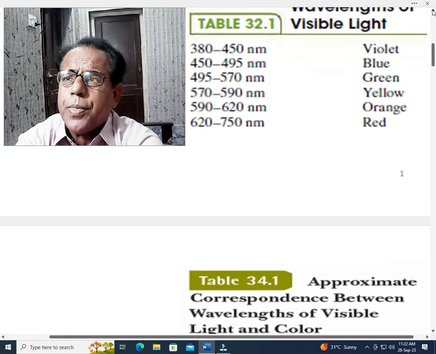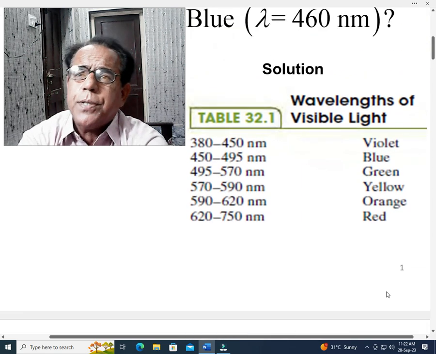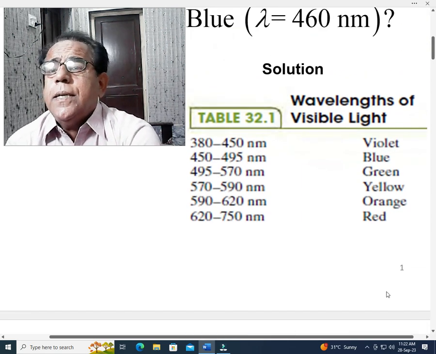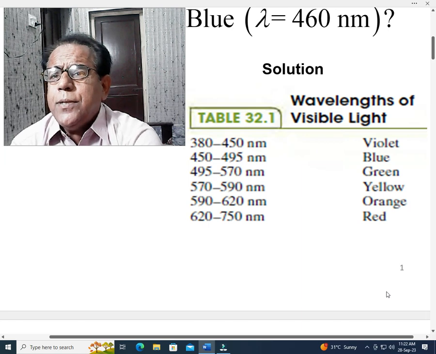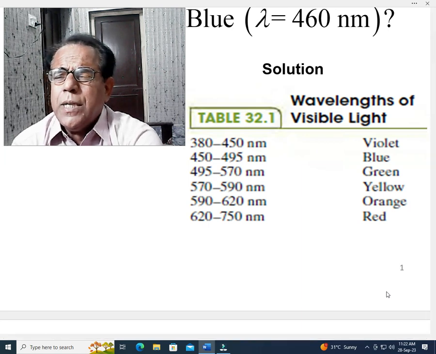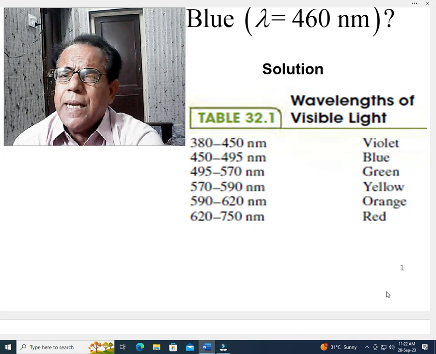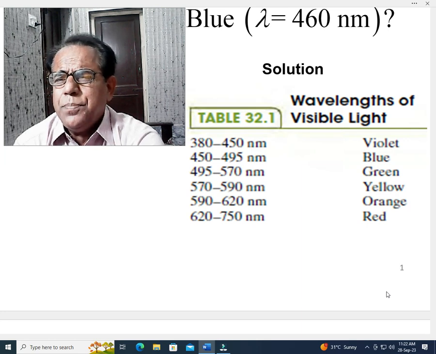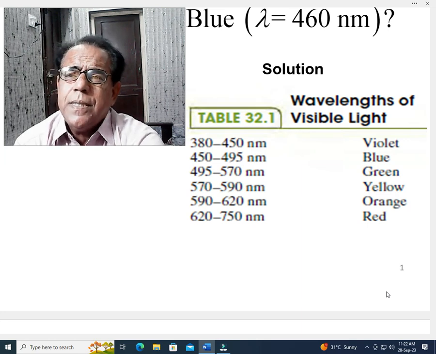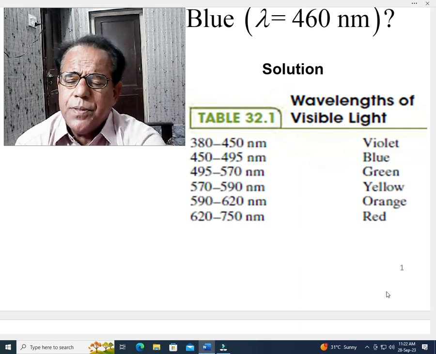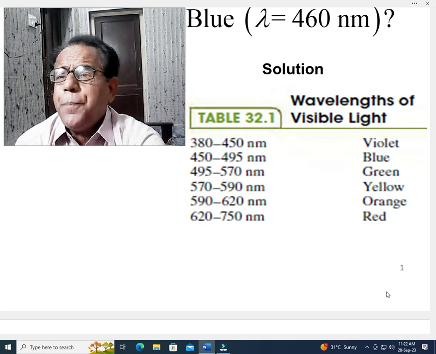First snapshot, table 32.1. I do not remember from which book this snapshot has been selected, perhaps Resnick Halliday Walker, or Raymond Serway John Jewett.